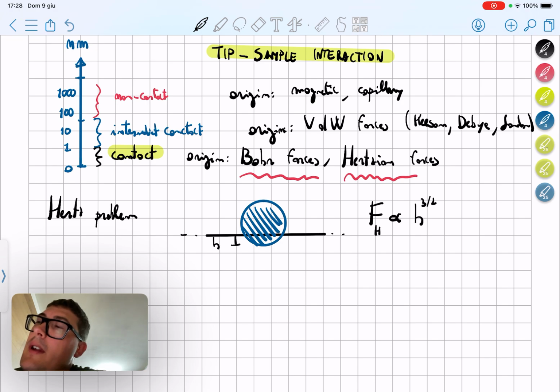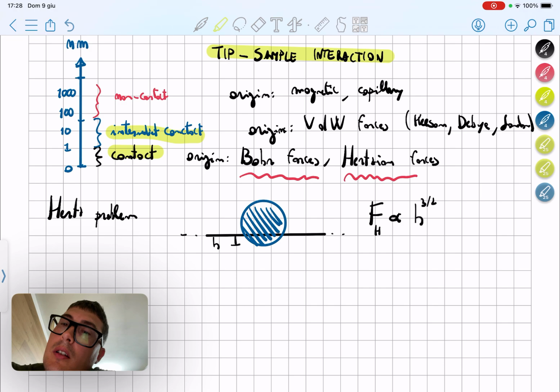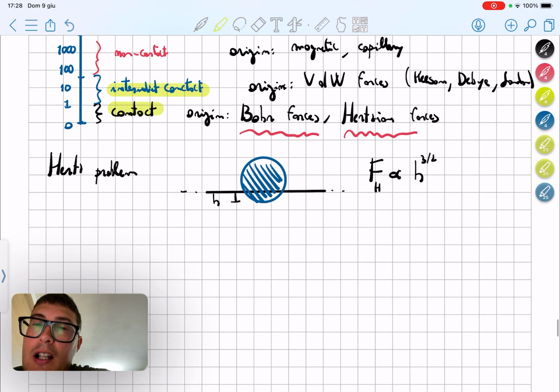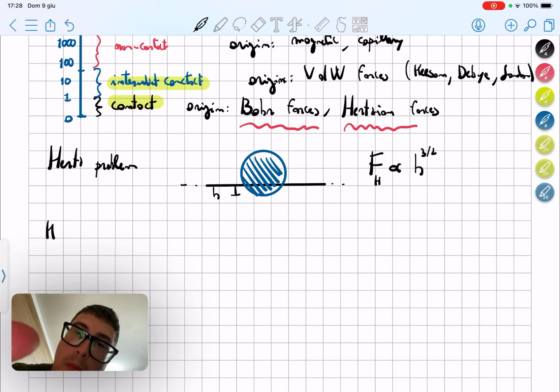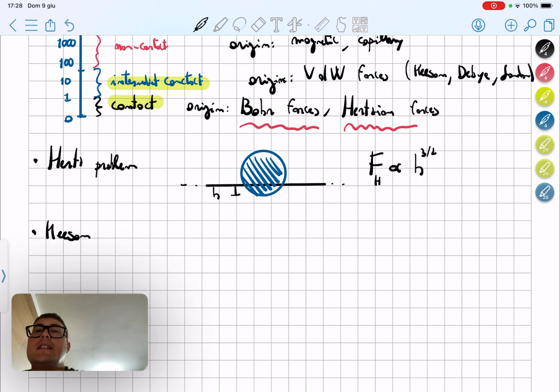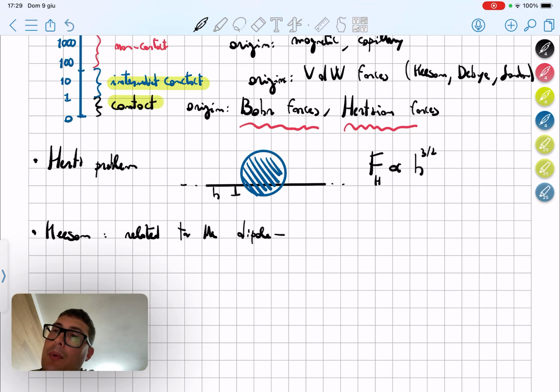Let's move now to the intermediate contact forces, which are van der Waals forces. We said it's Keesom, Debye, and London, but to be more precise, the Keesom force is the van der Waals force related to the dipole-dipole interaction.